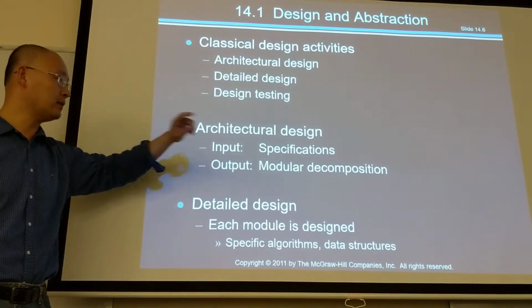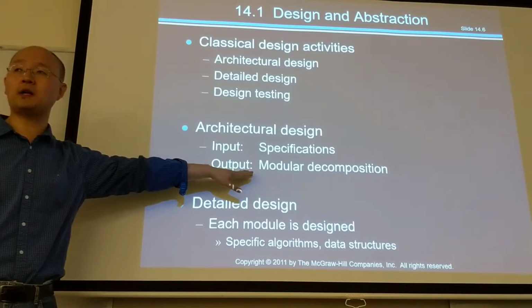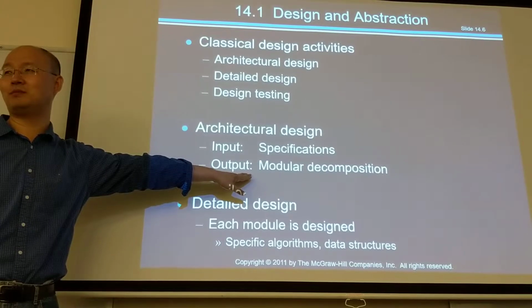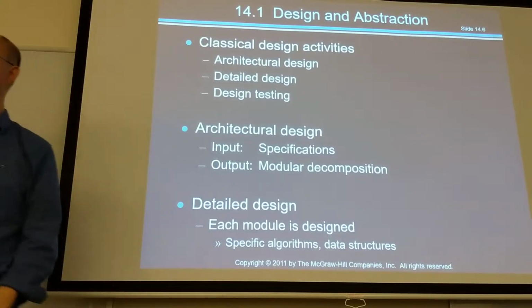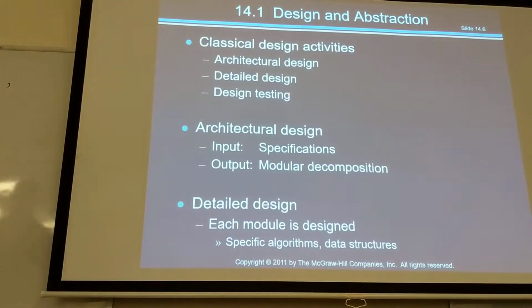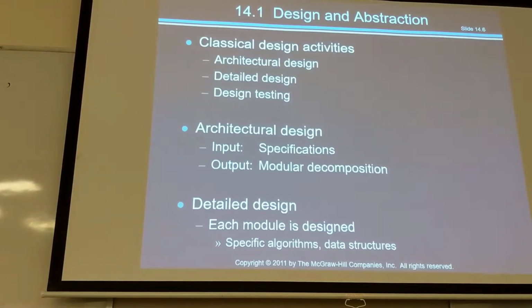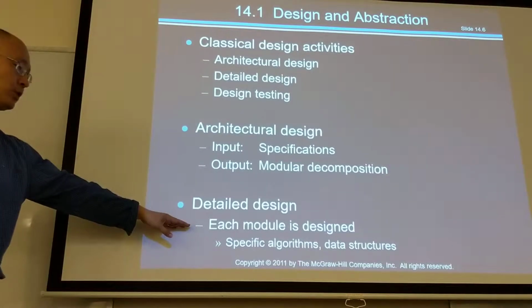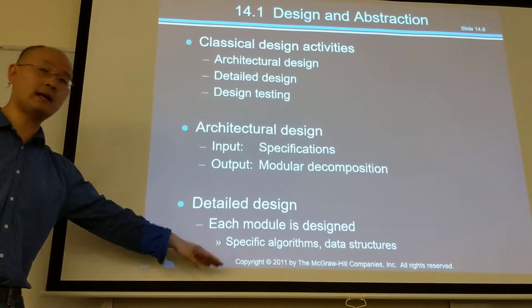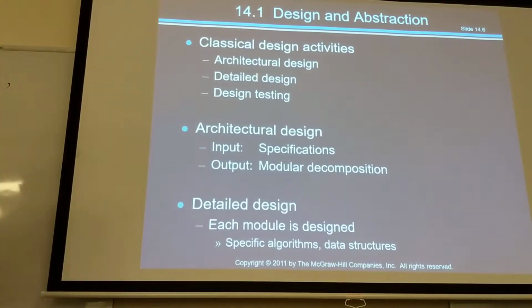In object-oriented design, the input is your specification, and the output is your object-oriented design, module decomposition, essentially your object description. Okay? In detailed design, the module is actually designed. In that case, you are looking at algorithms and data structures.